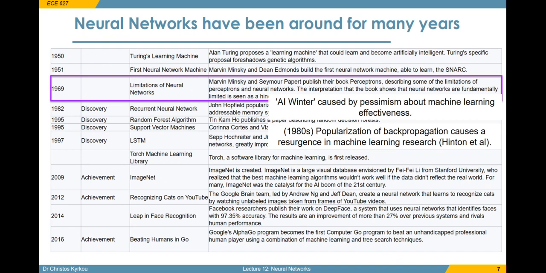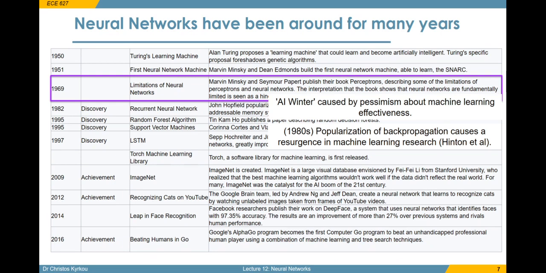Then in the 80s, after some works, and notably by Geoffrey Hinton, who is a famous researcher on neural networks, and his colleagues, they popularized backpropagation, which we'll see in the class, as an algorithm to train neural networks that perform much better than other algorithms at the time.